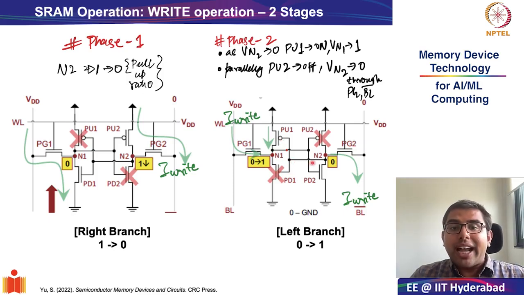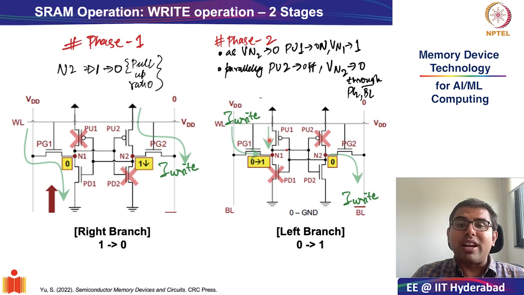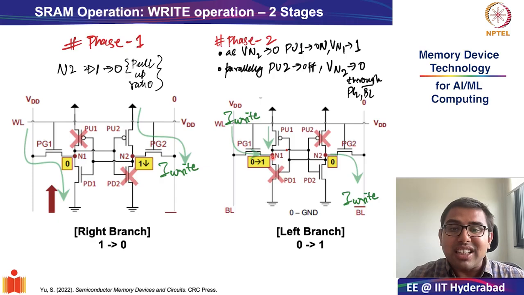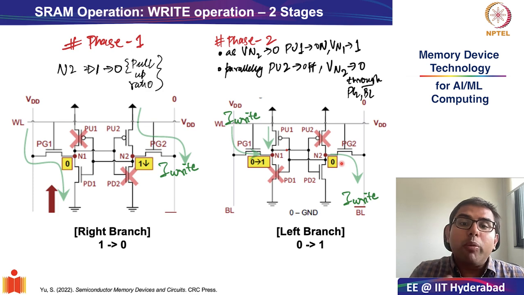And since the value is flipping from 1 to 0, this will result in the switch off of pull-down transistor 1 and a switch on of the pull-up transistor 1, and as a result there will be a significant write current now appearing in the left hand side of the branch as well, which will flow from VDD through pull-up 1 into storage node 1, and as this current flows, the storage node N1 will start getting charged from 0 to 1 volt, and as a result, after the flipping of storage node 2, there will be an eventual flipping of storage node 1 as well.